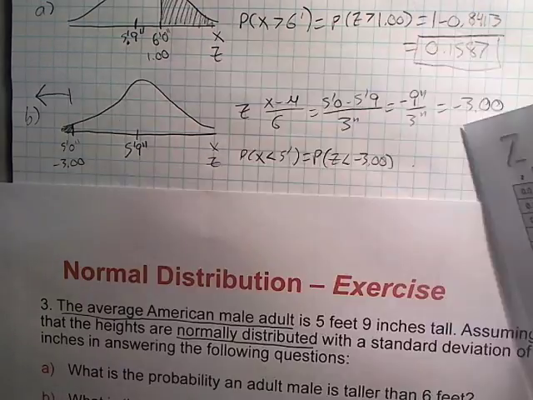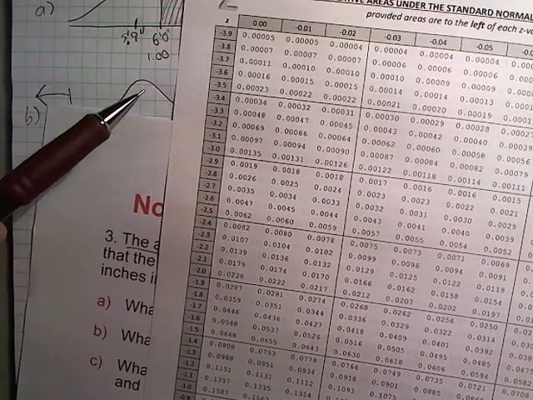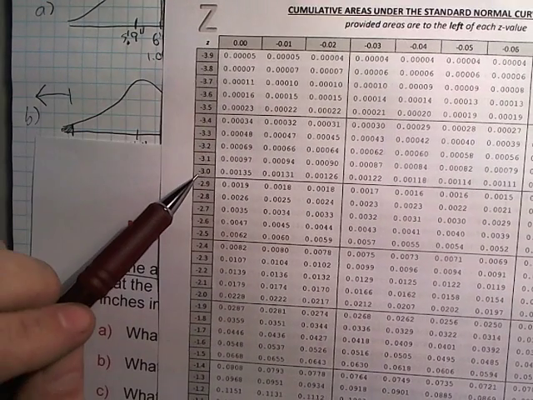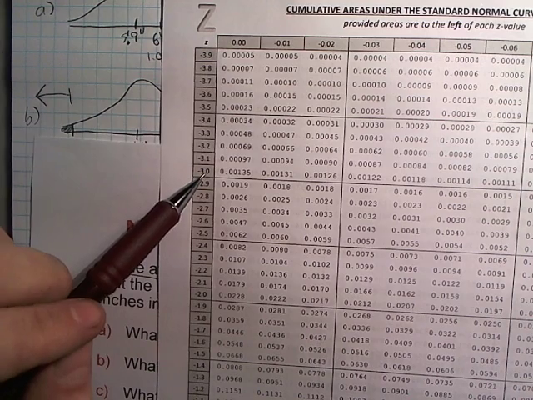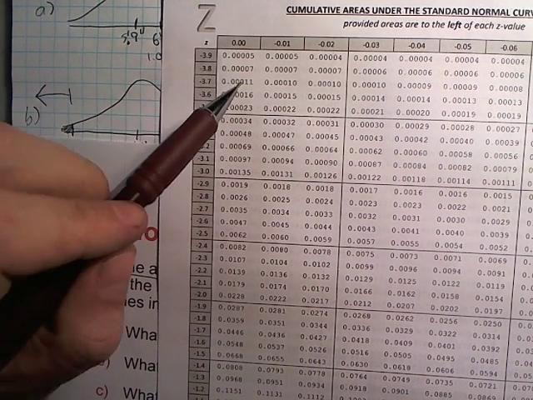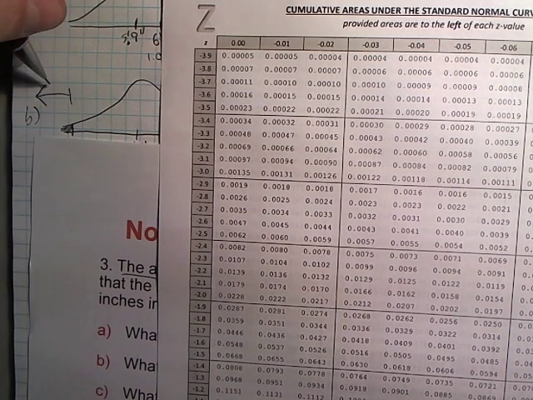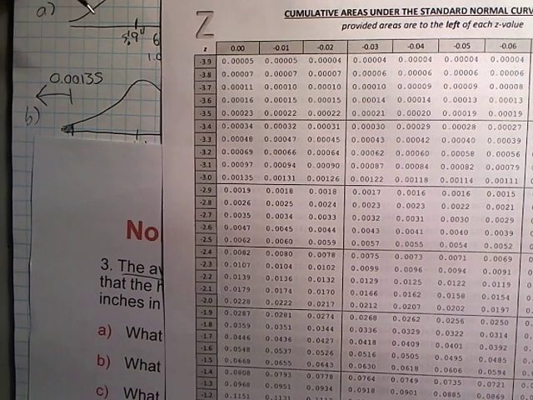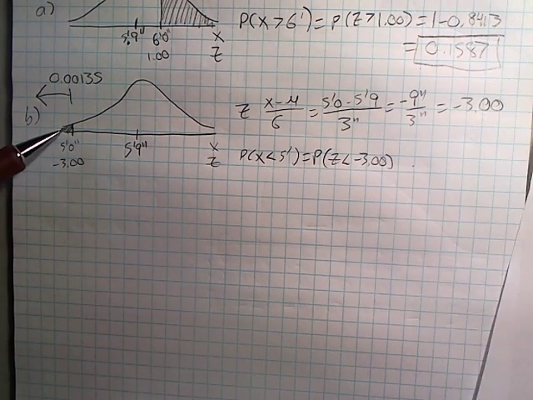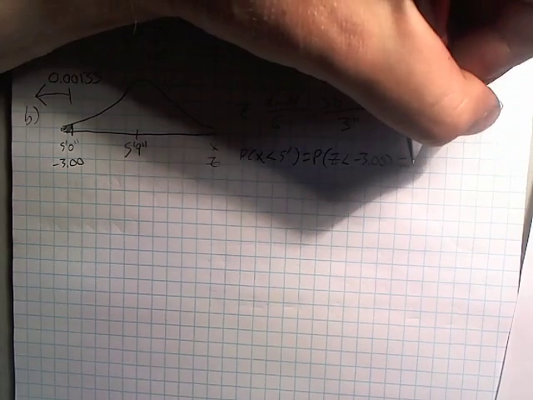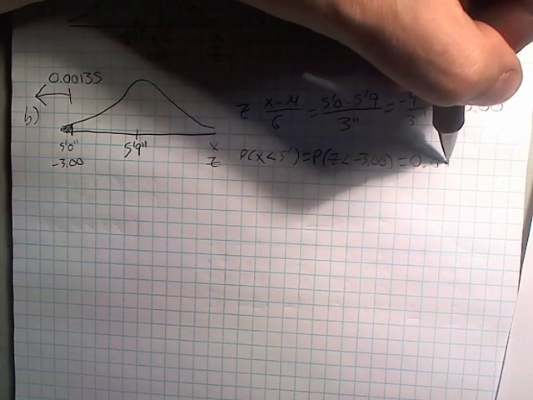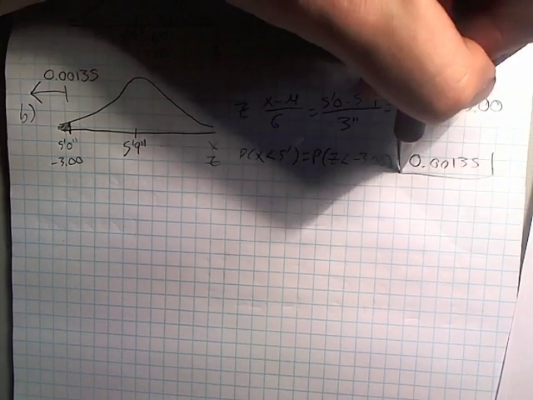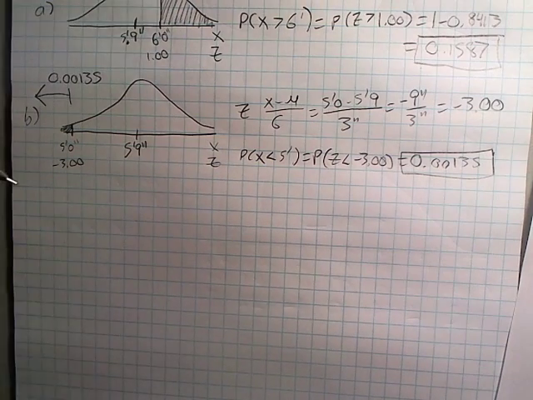I'll go to the negative side of my z chart and look up -3.0, add to that 0.00, line those up, and we get an area to the left, which in this case is the answer to our question, of 0.00135, or approximately 1/10 of 1%.